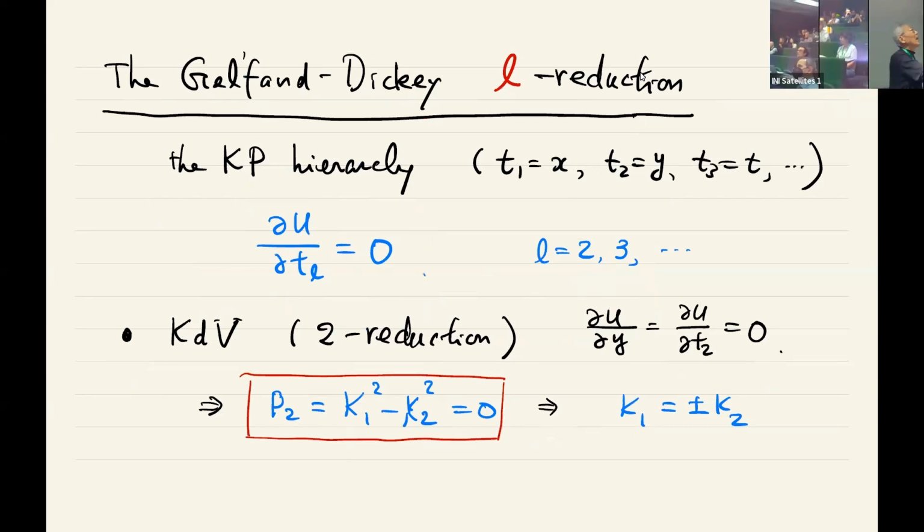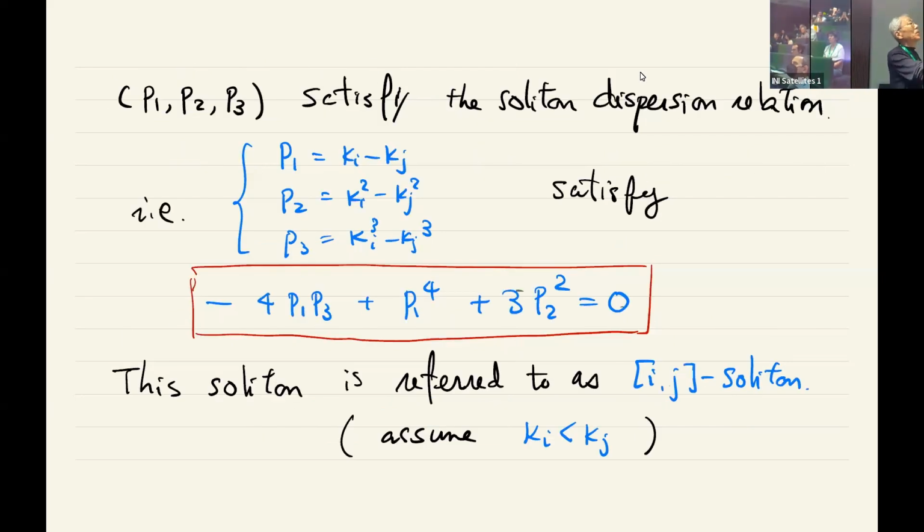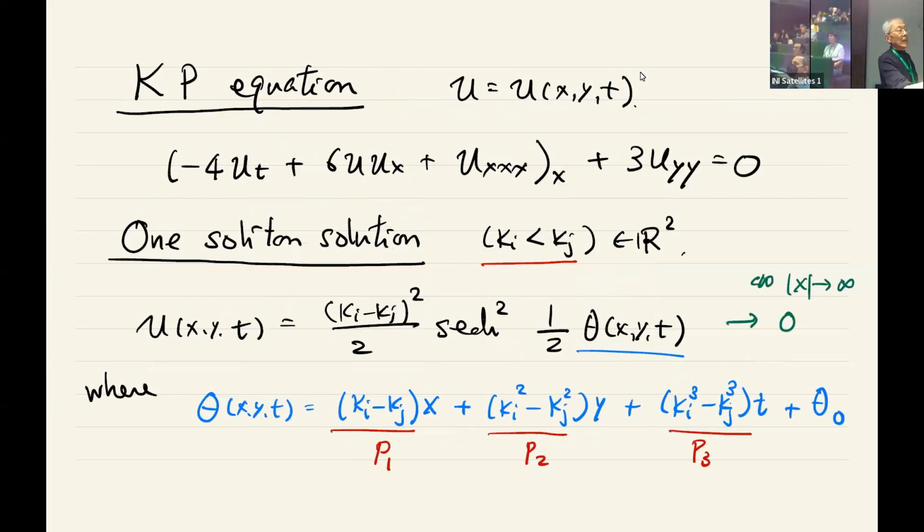All right, then I said Gelfand-Dickey L reductions. This L is just a number, taking values 2, 3 and so on. The L reduction usually refers to du/dt_L equals 0, so u does not depend on t_L. Now if you go back to the soliton solution, for the 2 reduction, this P2 must be 0, and for the 3 reduction, this P3 must be 0.